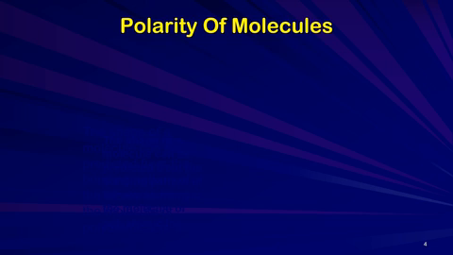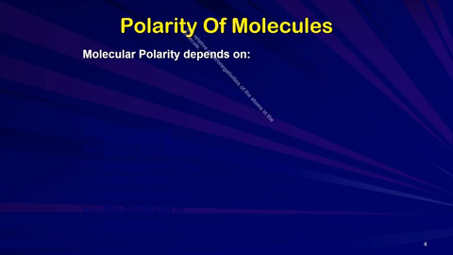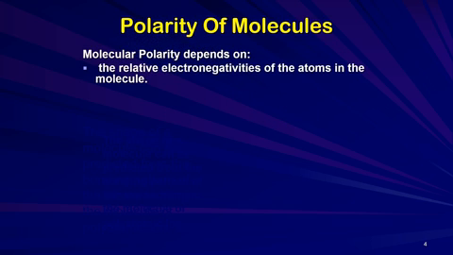Polarity of molecules. The polarity of molecules depends on two factors: the relative electronegativities of the atoms in the molecule and the molecular shape. About the relative electronegativities of the atoms in the molecule, when electronegativities are different, we know that the bonds will be polar.